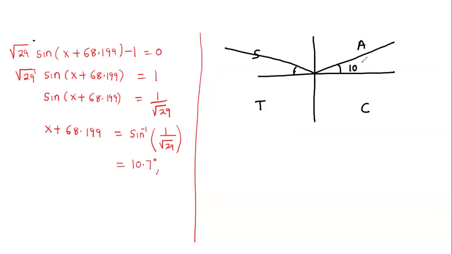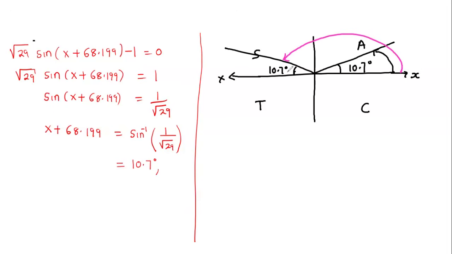Along this axis here, the angle you have is also 10.7 degrees. But when we are measuring angles, we measure them from the positive x-axis, since our domain is positive. So the first angle we are going to have is 10.7. Then the second angle is the one I'm going to move from here up to this point here.